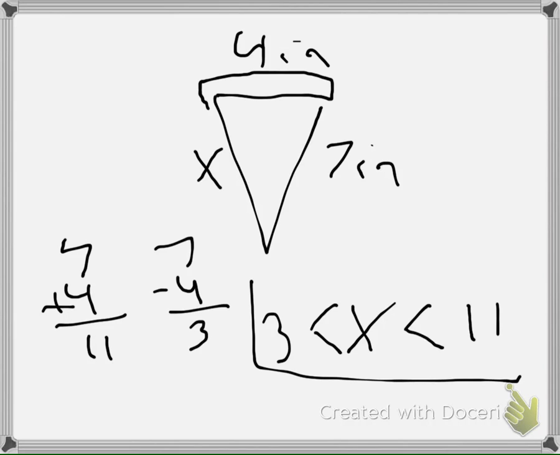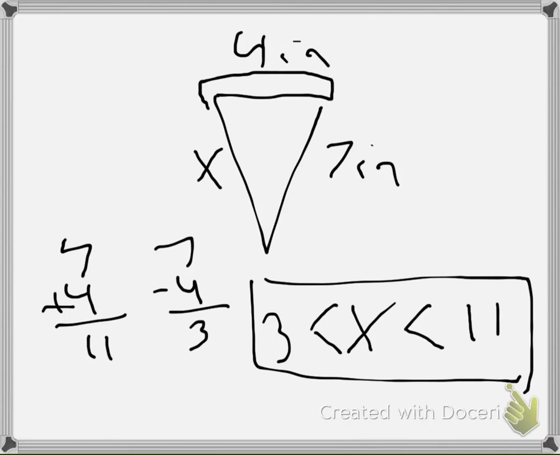So my answer is x is less than 11 and greater than 3. This gives me a possible range of what side x is, without telling me exactly what that length is. It can let me know that this is not going to be the exact length, but a range.